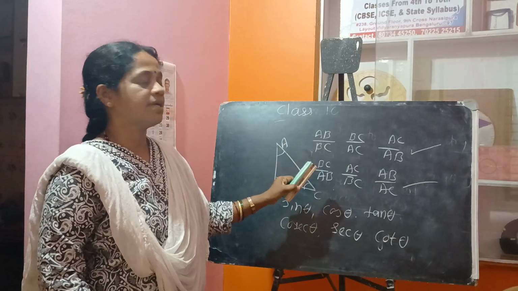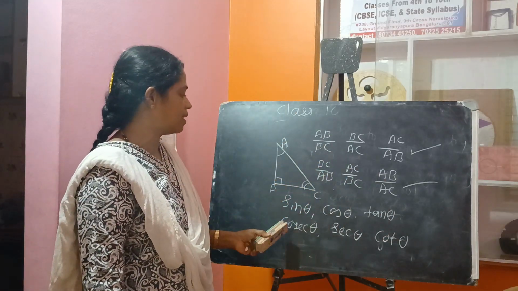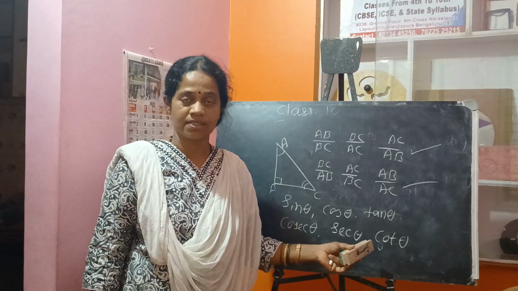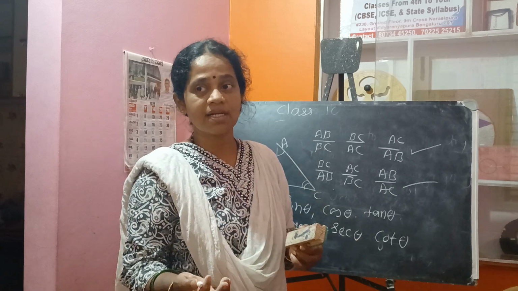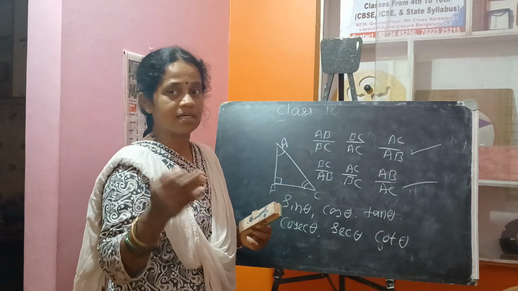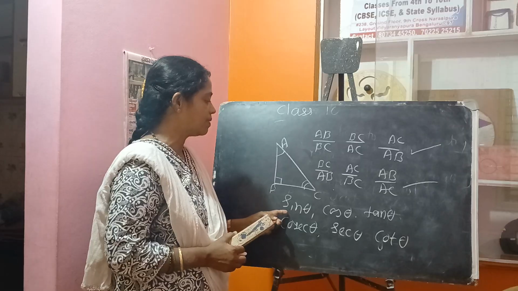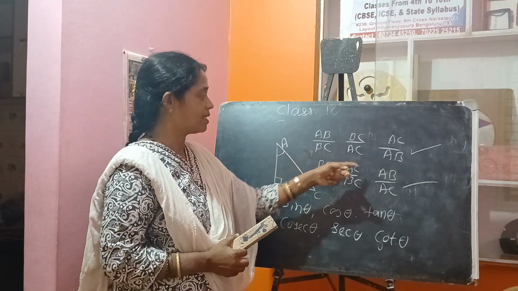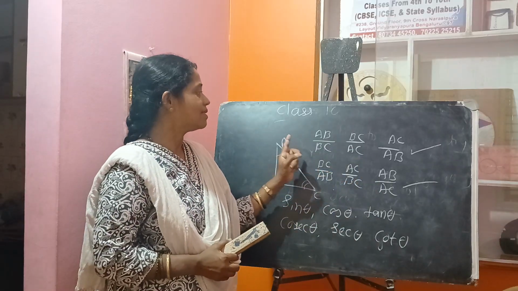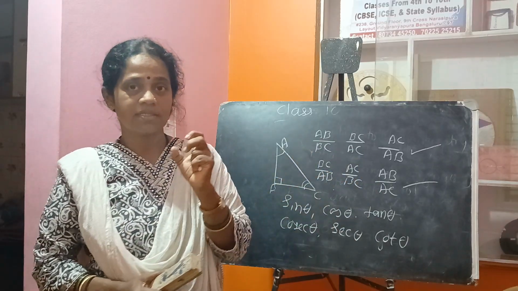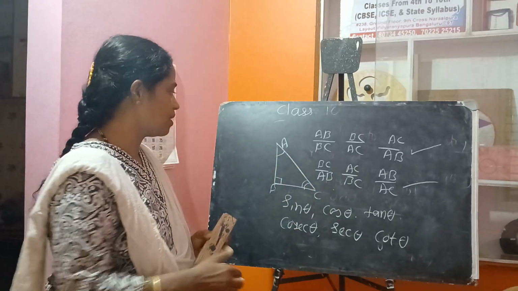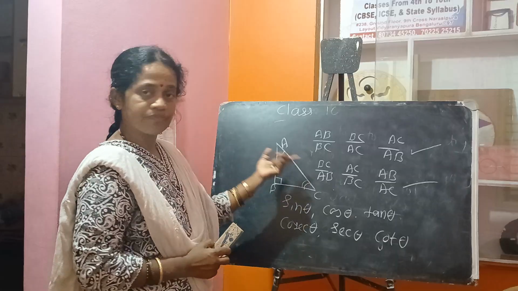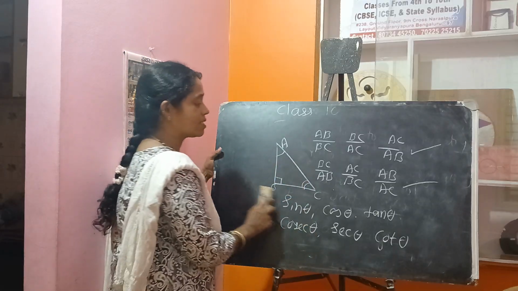So these different kinds of ratios are given the names sin, cos, tan, cosec, sec, and cot. In the next coming class let us learn about each particular ratio. These are the trigonometric ratios.